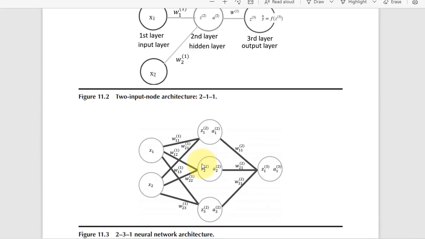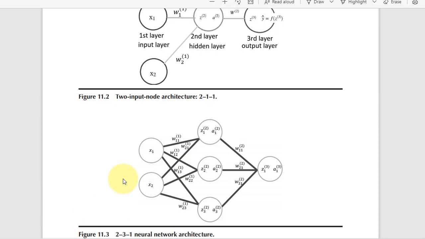And in this case, how do we get this z1? So we're going to take this value of x1 times the weight that connects here, and this x2 times the weight that connects here. So this weight happens to be called W11, and let's see if we can figure out what this weight is.